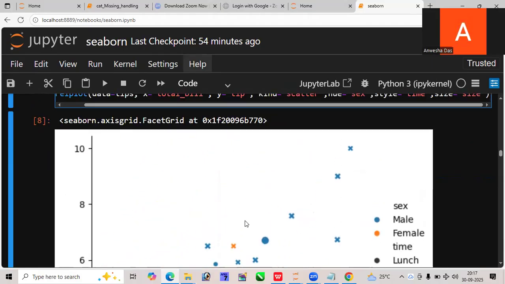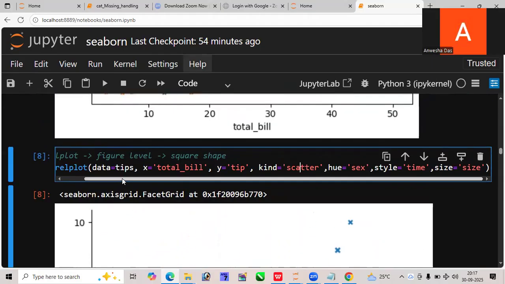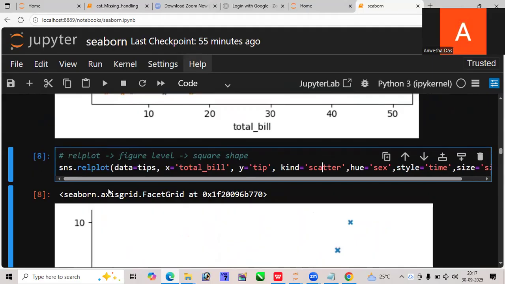So if we use the figure level, there is no need to remember the plot name. For each and every plot we simply write relplot. After that, in kind, whatever plot I want, I just mention that name.